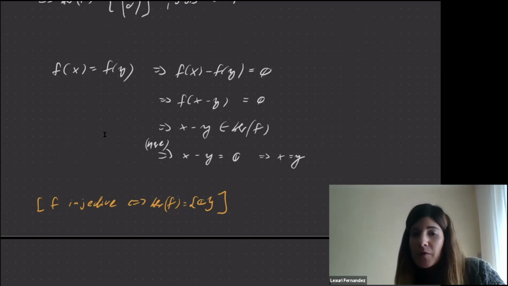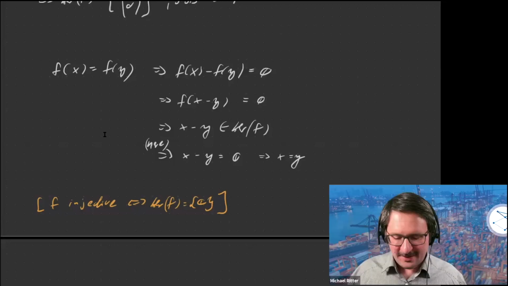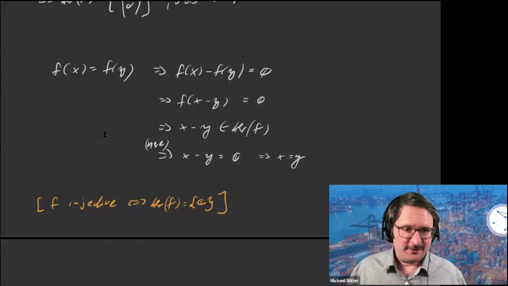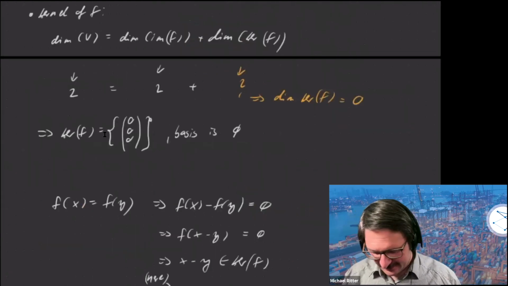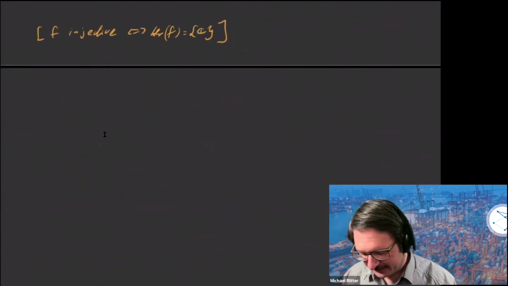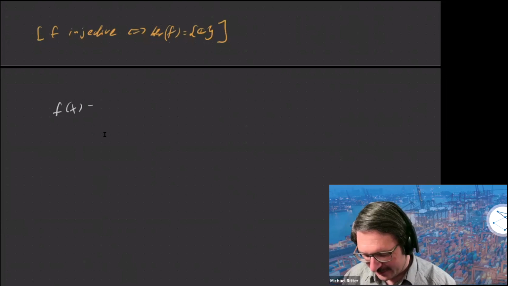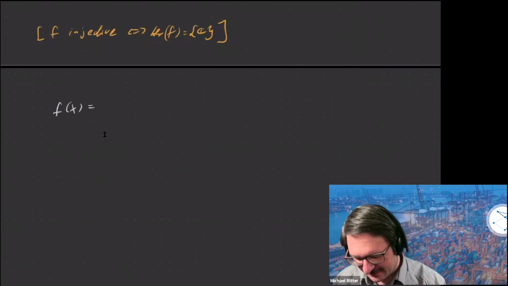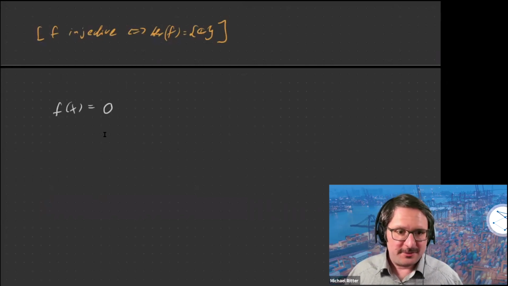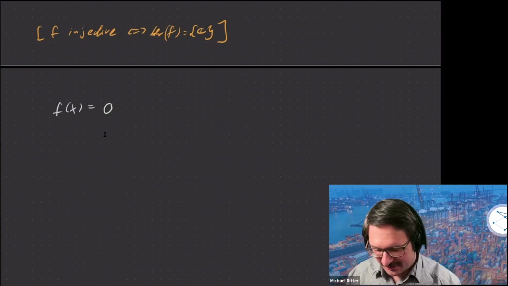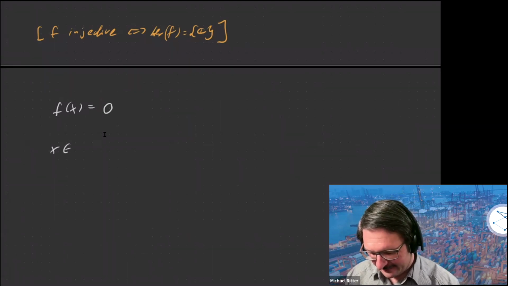Then how do you proceed if the dimension of the kernel is not 0? So if the dimension of the kernel is not 0, then I have to compute the kernel, obviously. And that means, if I were to compute the kernel, again, I have to come up with all vectors that map to 0. So the question is which vectors would map to 0. So let's say I have a vector x in the kernel.